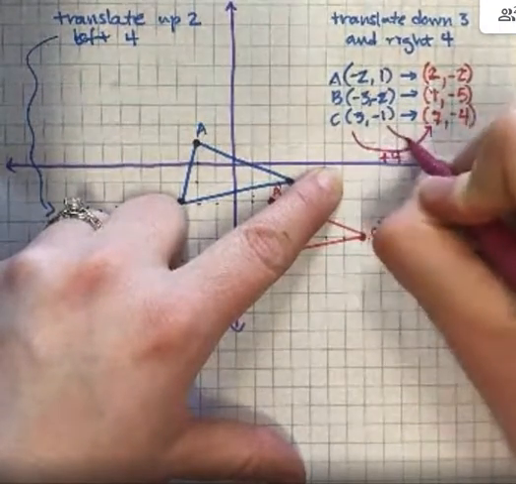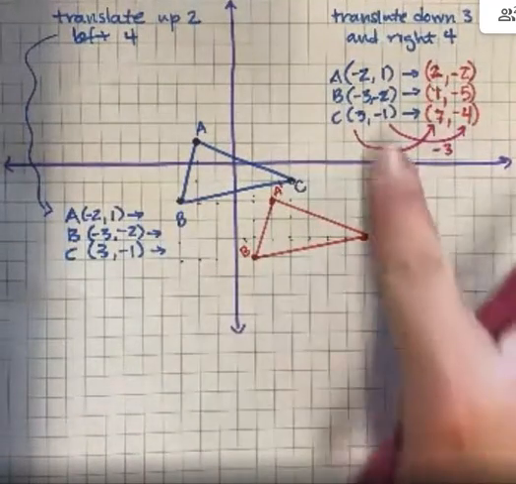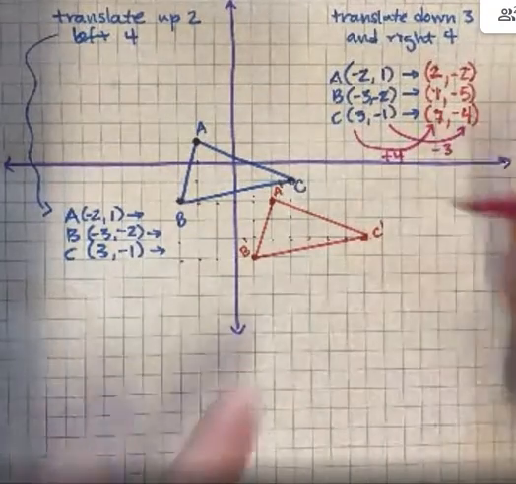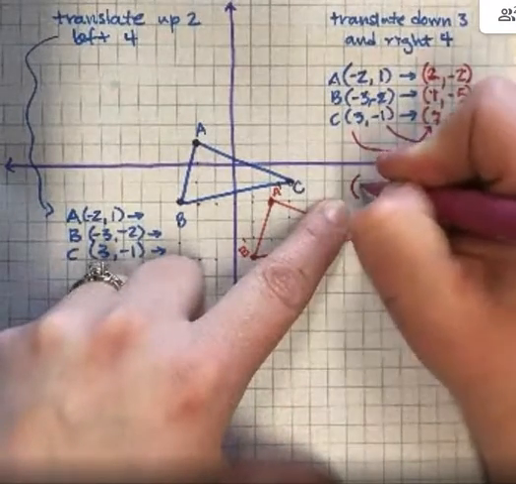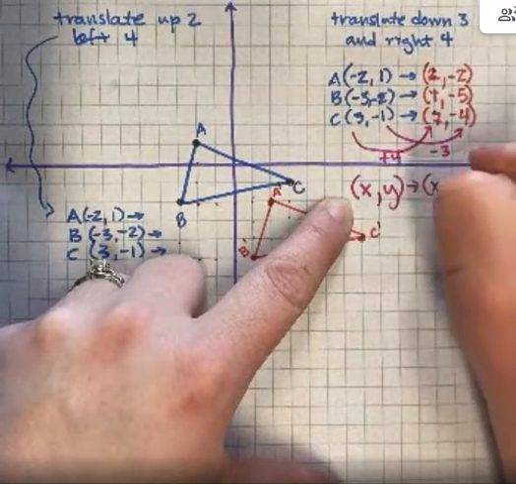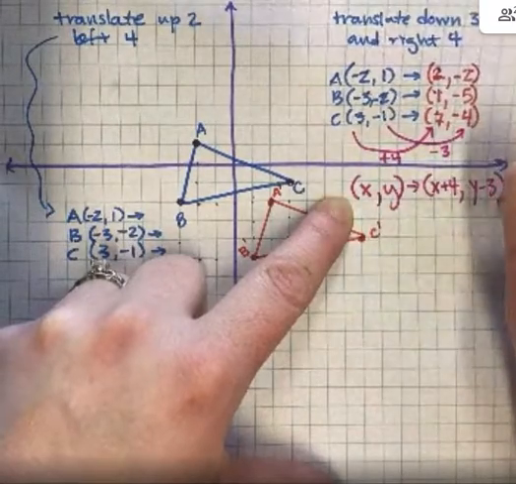My x values, I added 4 to them. My y values, I subtracted 3. So for this one, my rule, x, y became x plus 4, y minus 3.